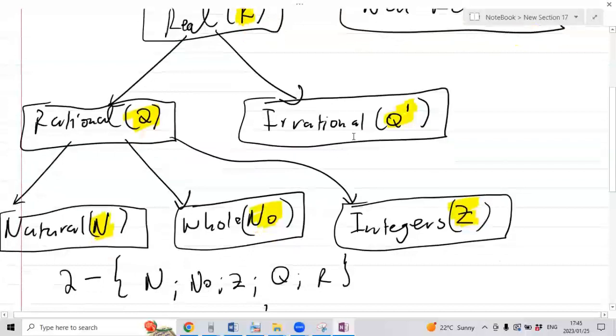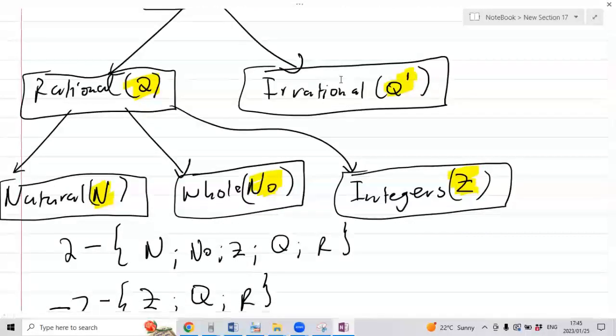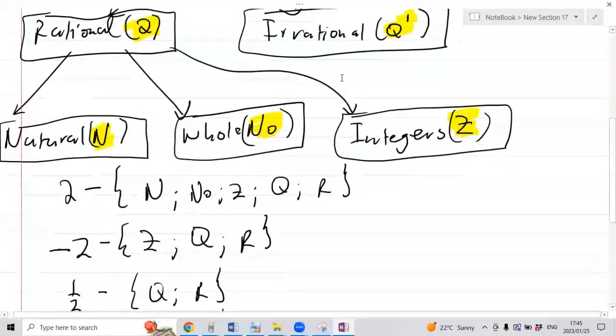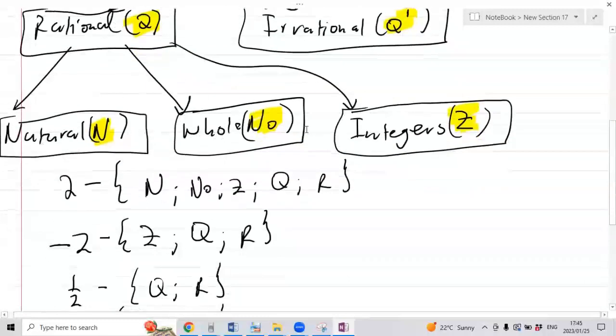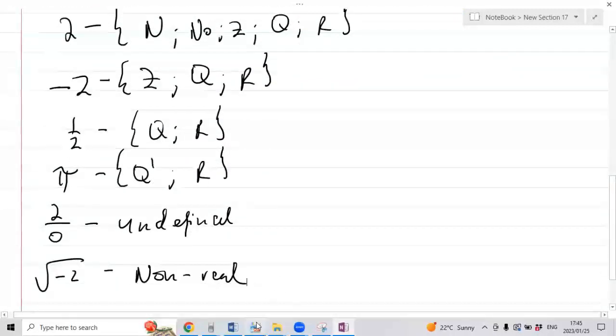Irrational numbers are any non-recurring or non-terminating numbers. An example is a surd, so an imperfect root is irrational. And a classic example of irrational is pi. All natural, whole, and integer numbers are rational. So those are the examples.